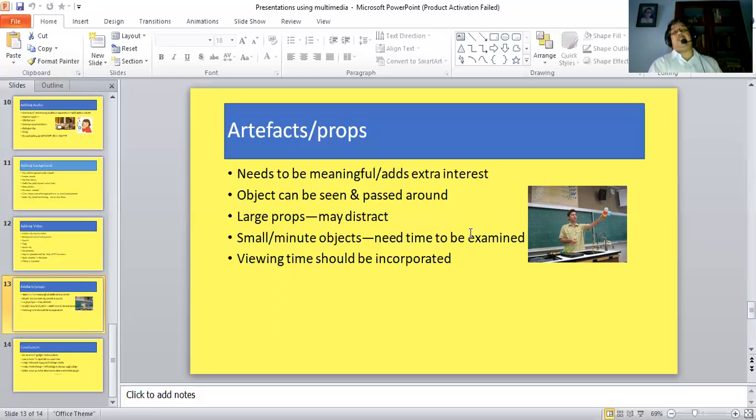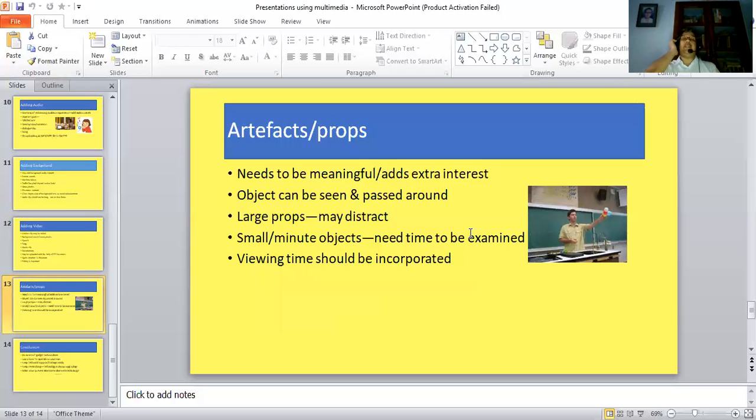Again, if it is too large, then it cannot be passed around, but it can be displayed in front of the audience from the podium or the stage where you are speaking from, or displayed from a distance, or you can even give a scanned copy and show it to the audience. So don't spend too much time passing around these things, and the time for viewing them should be incorporated within the total time that you take to give the presentation.